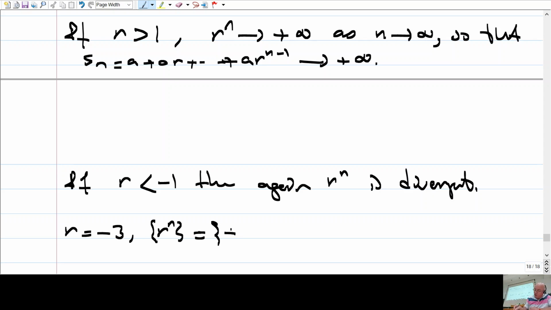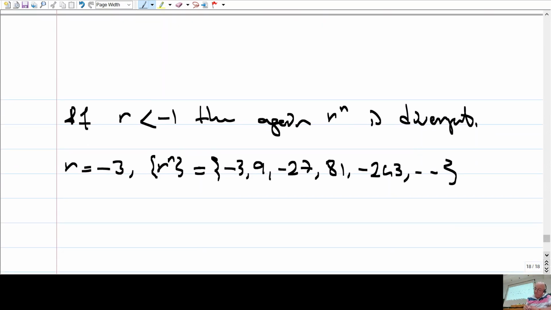For n equals 1, you have minus 3 and then 9, minus 27, 81, and so on. So the values will get bigger and bigger in both ways, in positive and negative ways. So it is not convergent. It's divergent.